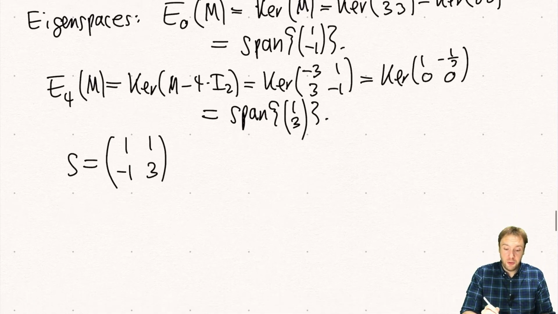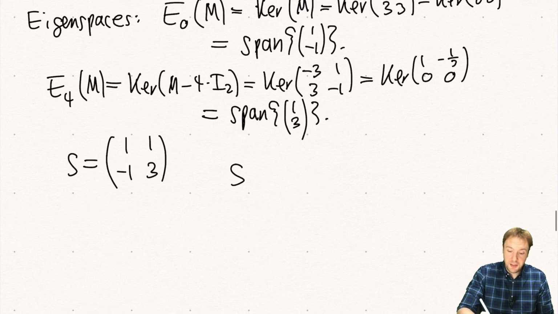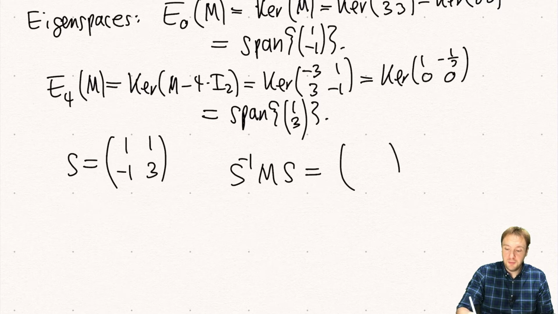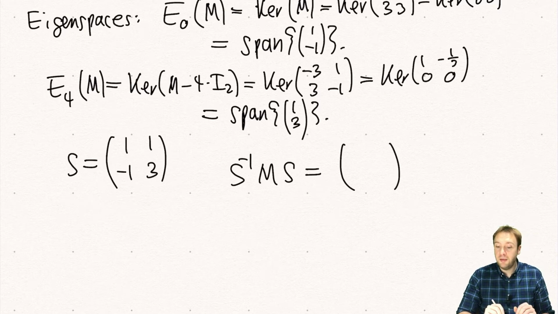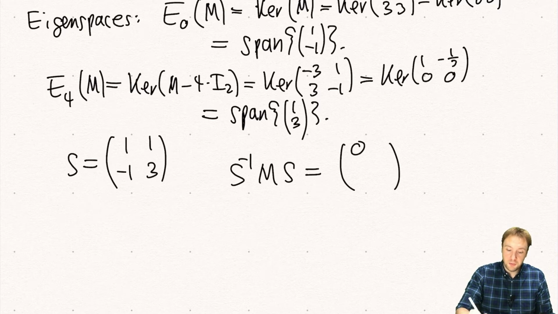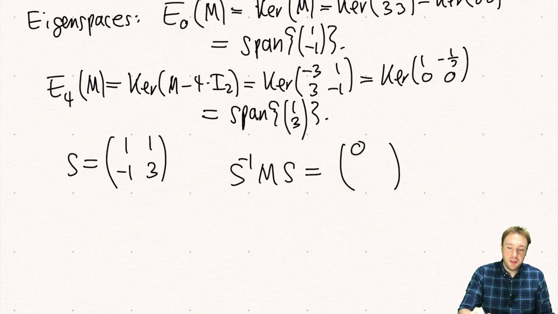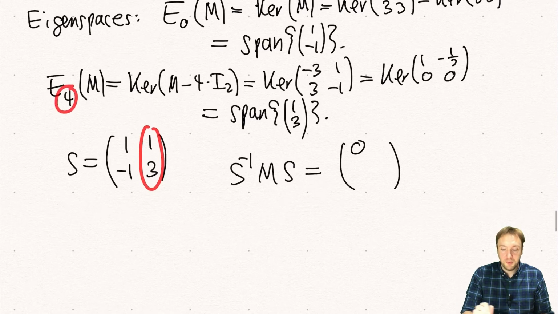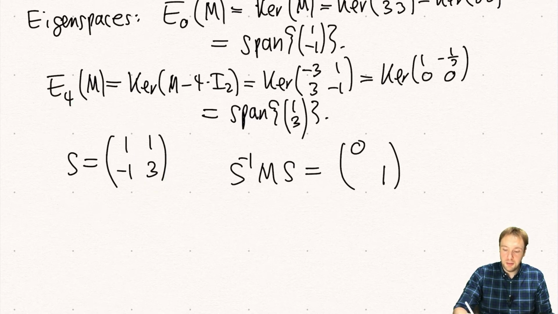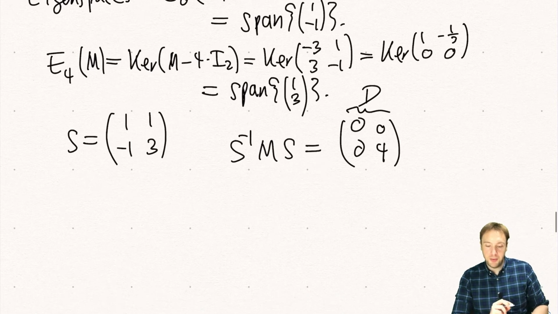And we also learned that in this case S inverse times M times S equals the matrix where I have exactly the eigenvalues on the diagonal. So here, because I put the eigenvector of the eigenvalue 0 in the first column, I get 0 here in the first entry. And because I put the eigenvector for the eigenvalue 4 in the second, I get the 4 here. And this is our matrix D.